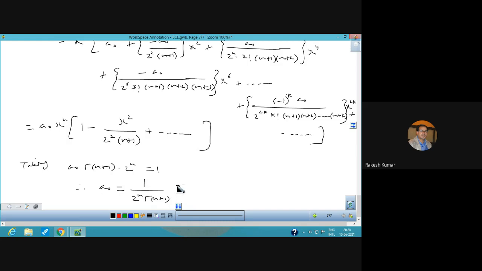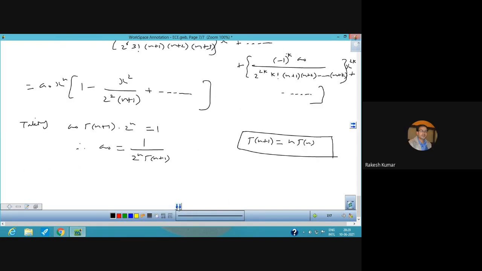Now this value will be used. Remember, gamma n plus 1 is actually n gamma n. This we have done in the gamma function in the previous semester. We will evaluate this further as well. For now, use the value of a naught here.